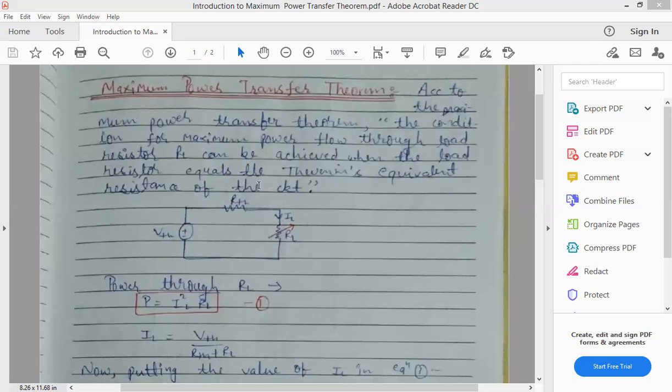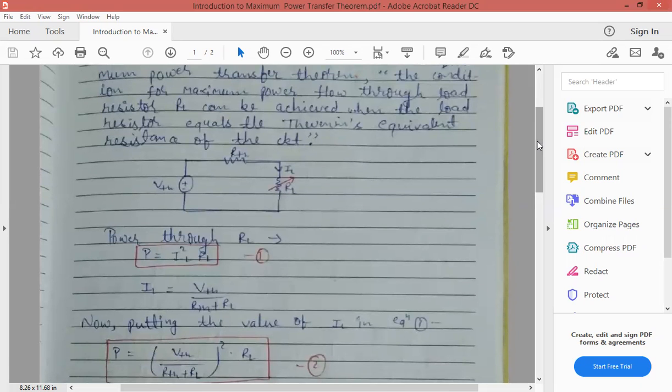So first of all, we will derive that condition. We will use this circuit diagram here. VTH is the Thevenin's equivalent voltage, RTH is the Thevenin's equivalent resistance, RL is the load resistor. This arrow denotes that RL is the variable resistor and IL is the load current. Our goal is to find the condition where RL will be equal to RTH.